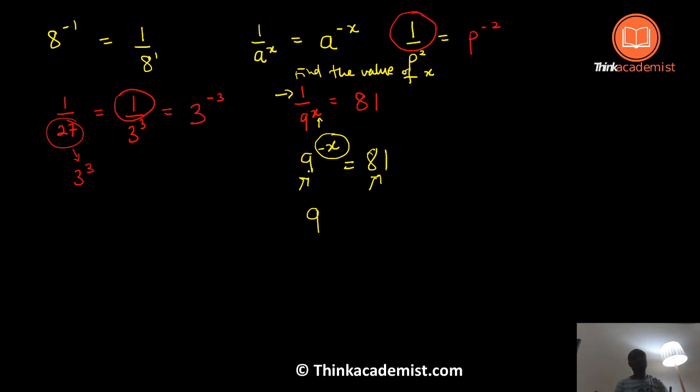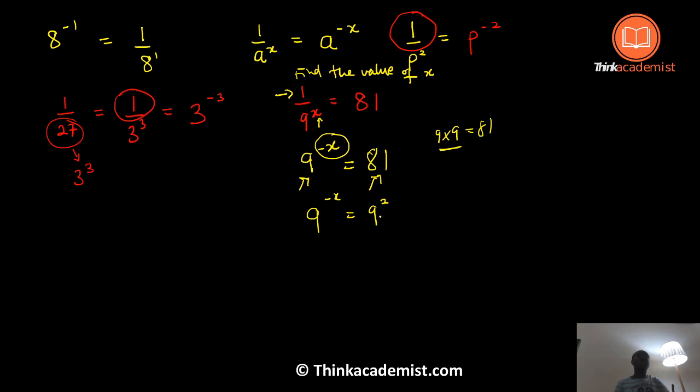Then I come back to this smaller base number and find out this smaller base number raised to the power what is going to give me this big number. 9, obviously 81. So it's going to be 9 raised to the power 2, because 9 times 9 is 81. Okay, so this is 9 raised to the power 2.